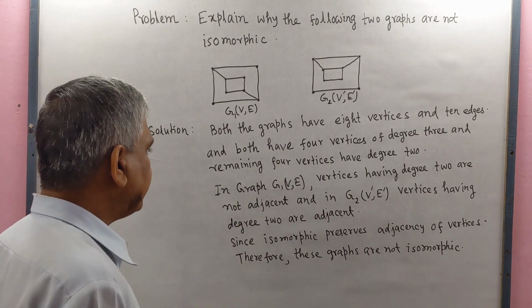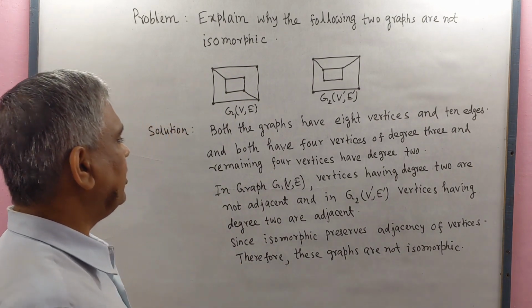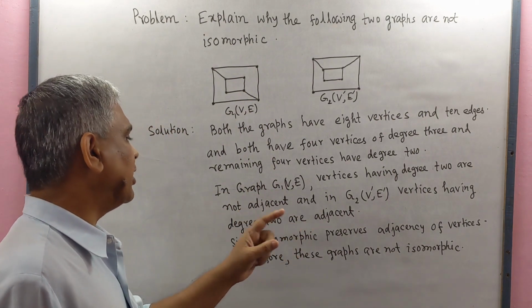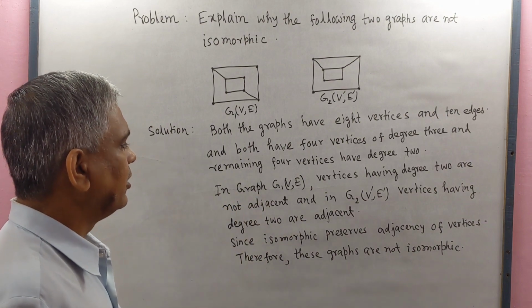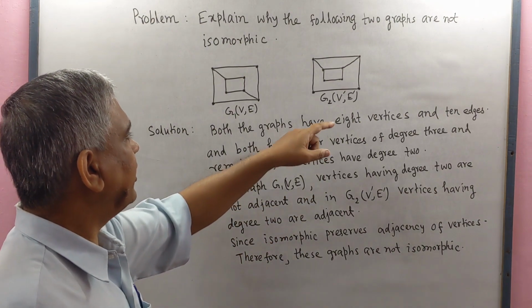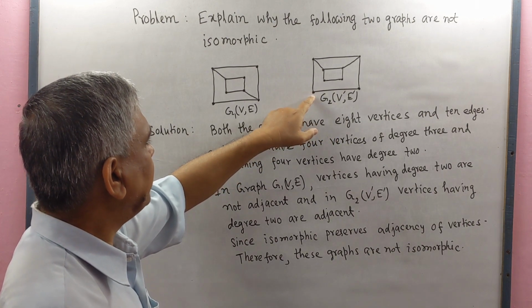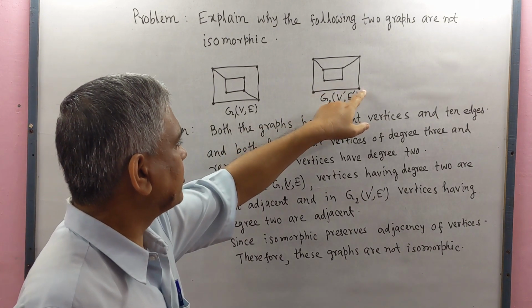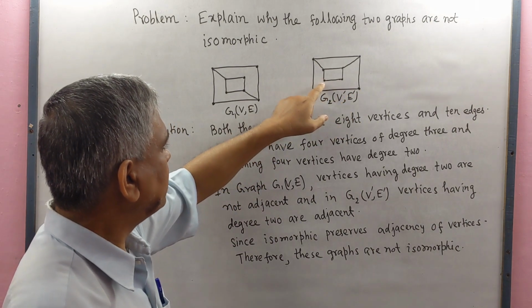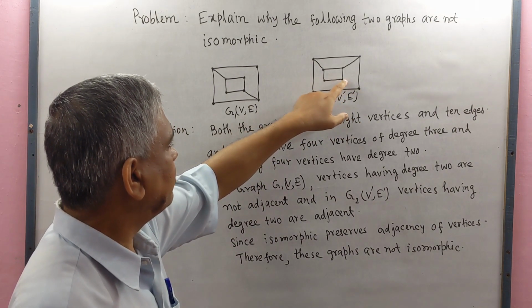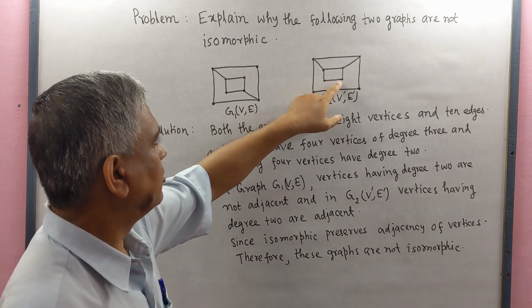So we get that in graph G1(V, E), vertices having degree 2 are not adjacent. And in G2(V', E'), we see that this is a vertex of degree 2 and this is a vertex of degree 2, adjacent. This is a vertex of degree 2 and this is a vertex of degree 2, adjacent to each other.